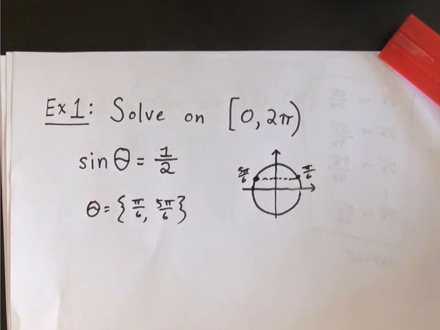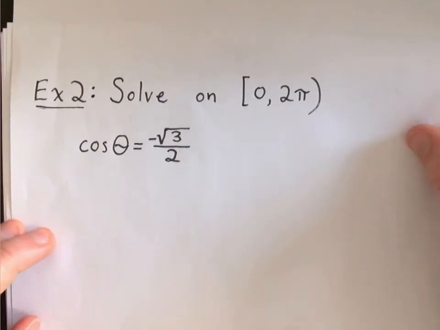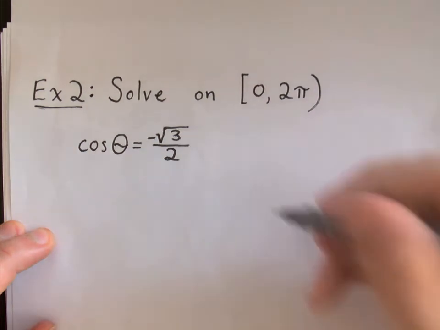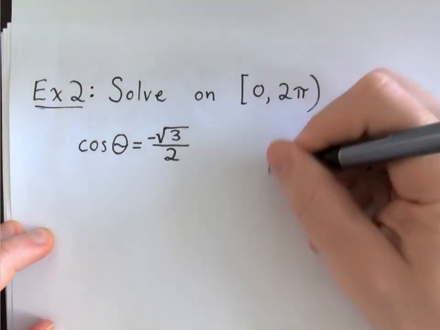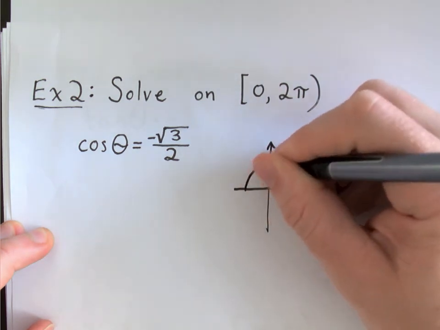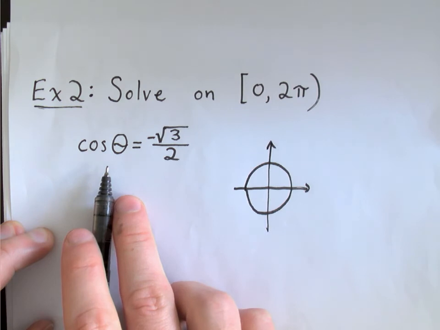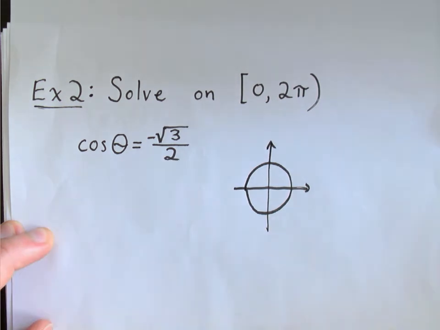In the second problem, we're asked to solve the equation cosine theta equals -√3 over 2 on the same interval. So again, we'll draw a quick sketch of the unit circle. And this time we want to know where cosine, or the x-coordinate, is equal to -√3 over 2.